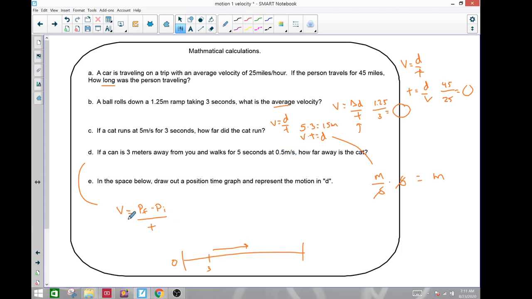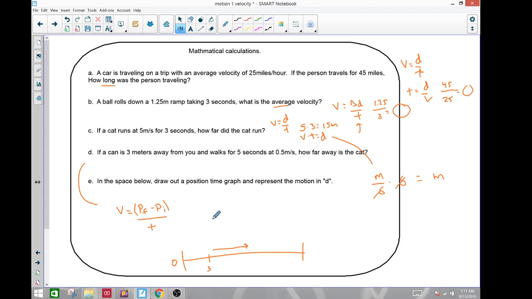All right, so let's plug the values in. Oh, first let's solve. Okay, now I'm going to solve for position final. So in this case, I could divide out, subtract over. This is in parentheses here.